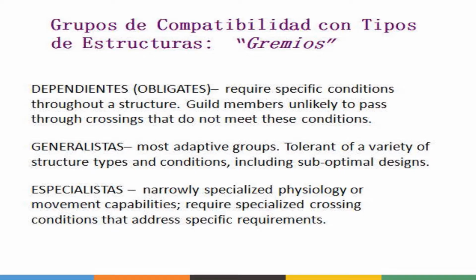And generalists, which are the easy ones, those are the ones that will accept almost everything. As long as their body can fit through it, they're okay. Those are the really easy ones. And then there's the specialists that have very narrowly specialized physiology or movement capabilities.